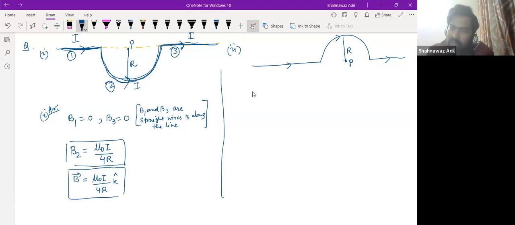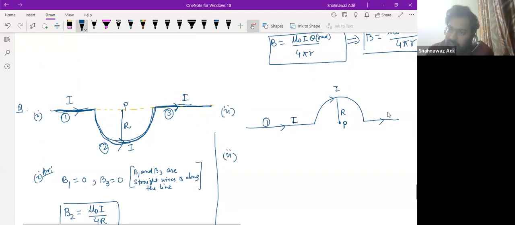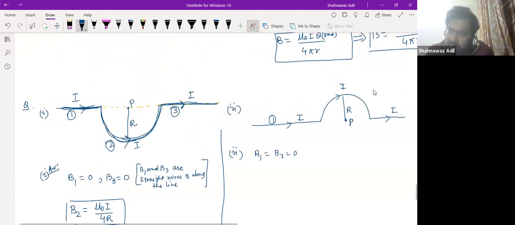Now again, a similar thing for the second figure. In the second figure, this is again V1 and the current is flowing I, and we are calculating the magnetic field at point P. So again, V1 equal to V3, that is the same case. This is V3. But V2 is again due to the semicircle, and the magnitude would be mu naught I by 4R.